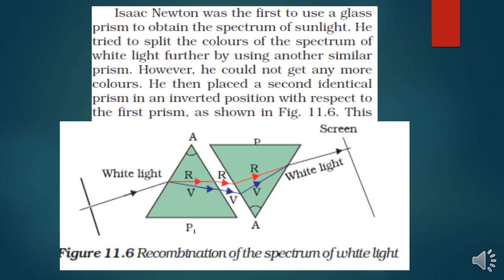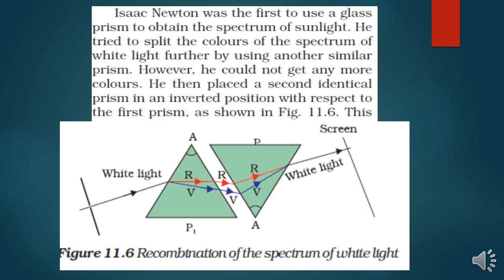So from the opposite face of prism 1, you get a band of 7 colors. This band of 7 colors is incident on the second prism, which is put upside down. Thus, this spectrum of 7 colors will recombine, and you will see that on the second face of the second prism, the emergent light is again white.